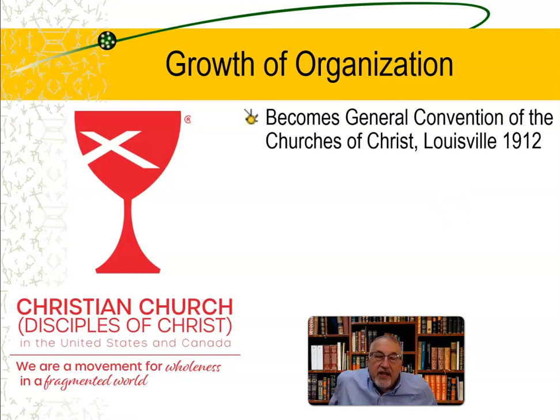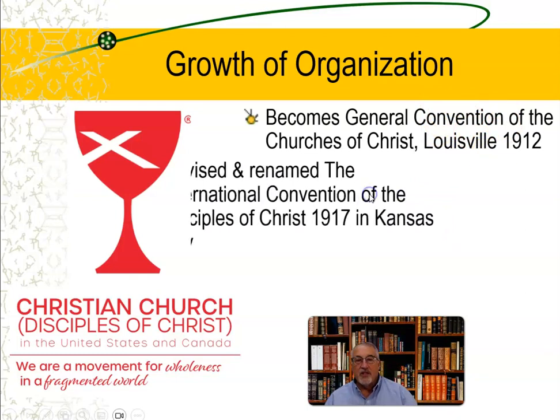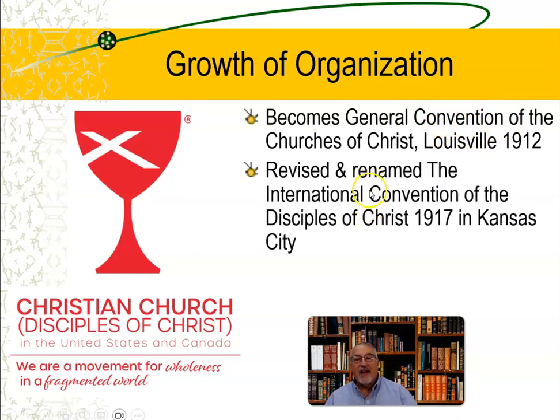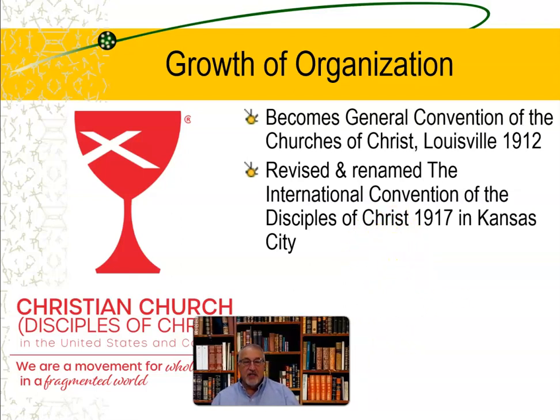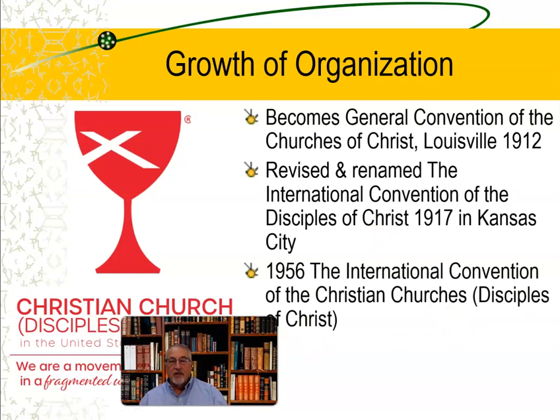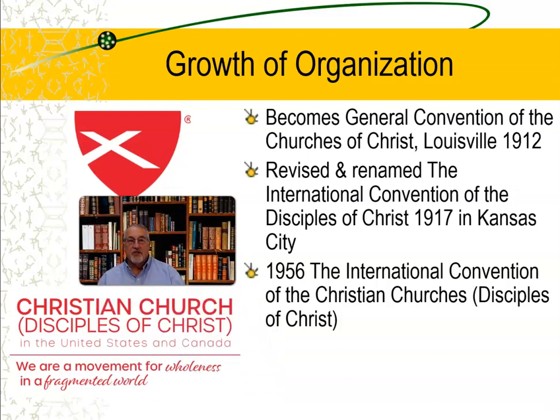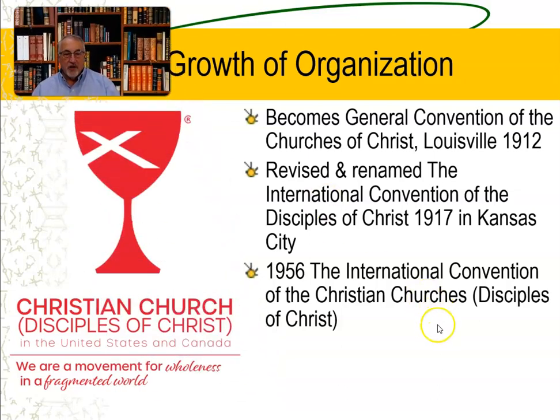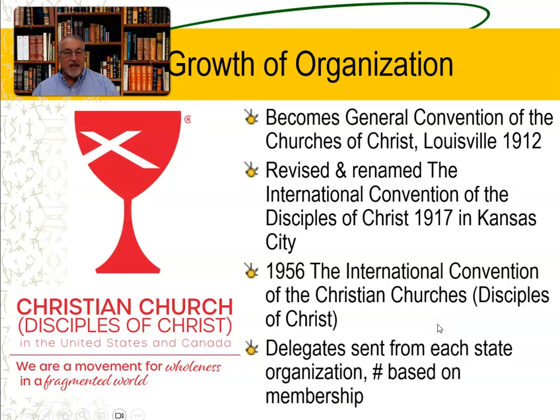And so the General Convention of the Churches of Christ in Louisville in 1912 will eventually become called that, and then it's revised and renamed the International Convention of the Disciples of Christ in 1917 in Kansas City. And then ultimately, it's going to become the International Convention of the Christian Churches, Disciples of Christ. And they're going to form a denomination at about this time.